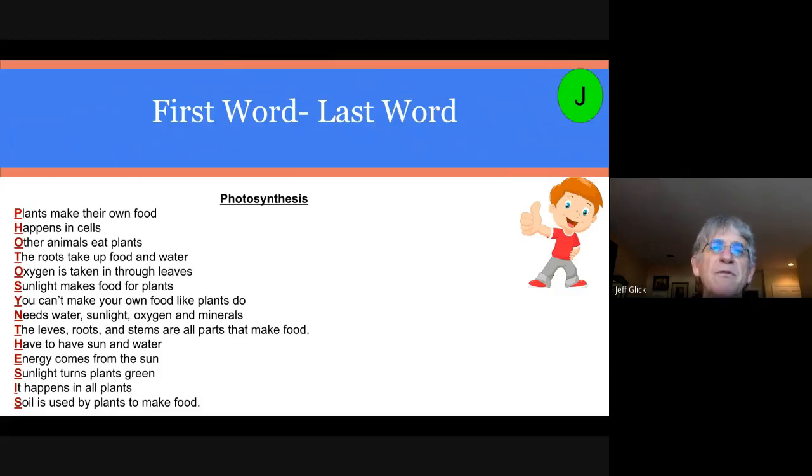Then what happens with first word, last word is after I've taught the lesson, we're going to look at that same word. They're going to either add in another color, so I'm going to add more information in another color, or maybe I'm crossing out with a line some of the things that I thought earlier.